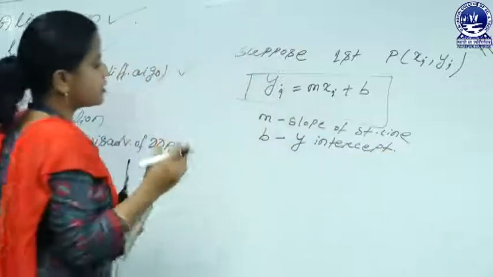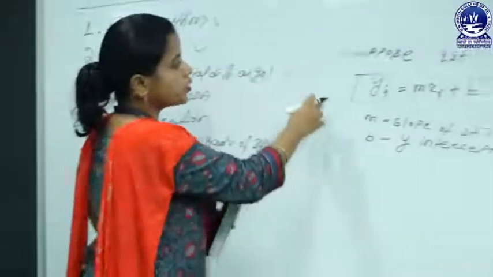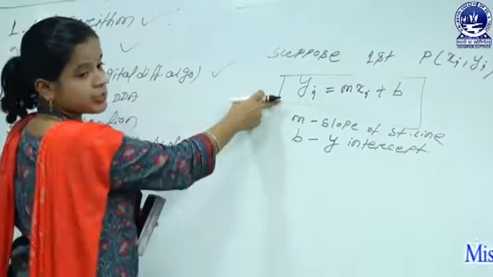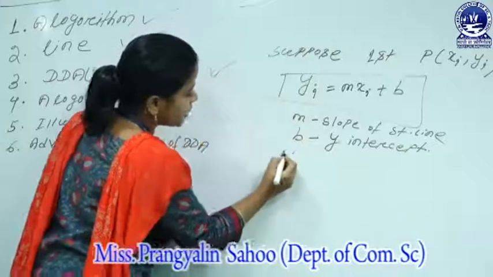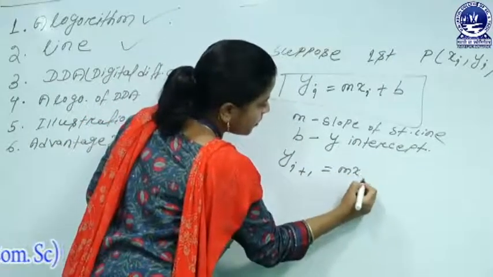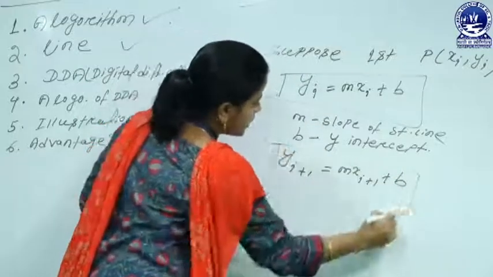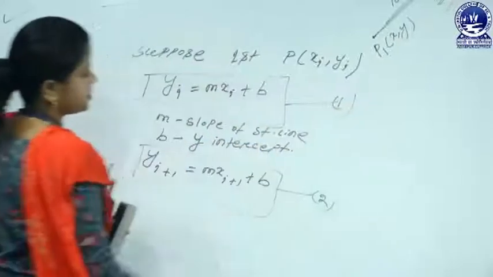After that, by using the DDA incremental method, if the user needs to find the next pixel point by using the first pixel's straight line equation format, then the next equation becomes y of i plus 1 equal to m of x of i plus 1 plus b. That's your equation number 2 and that's your equation number 1.